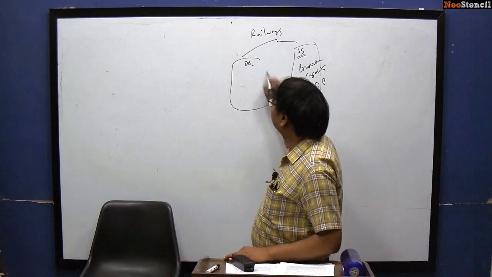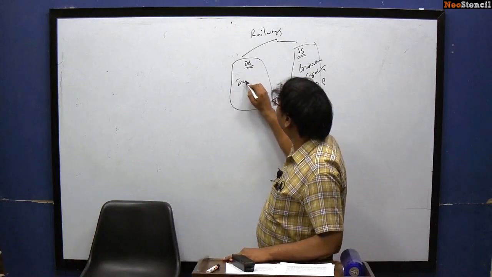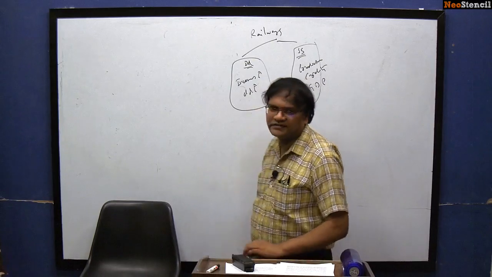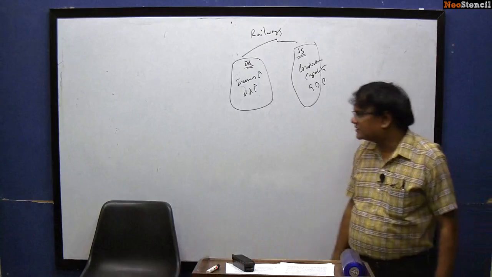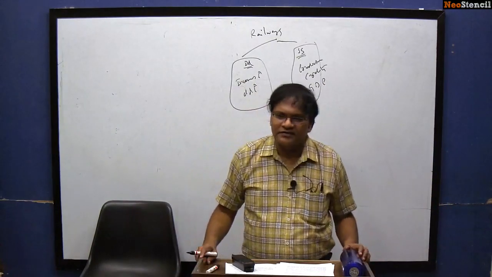Demand side means increasing incomes of people, through which there will be more demand for goods and services.